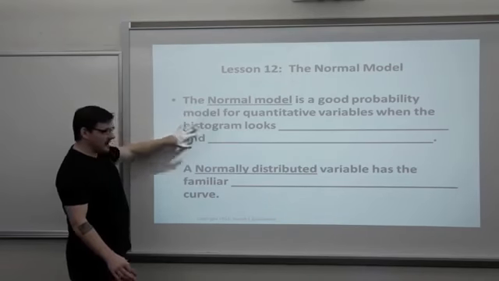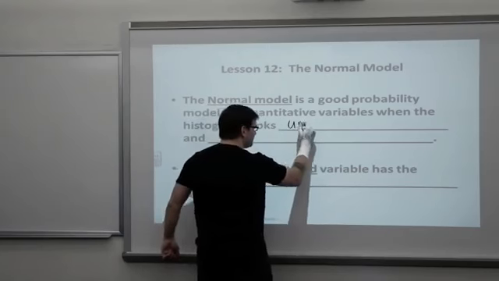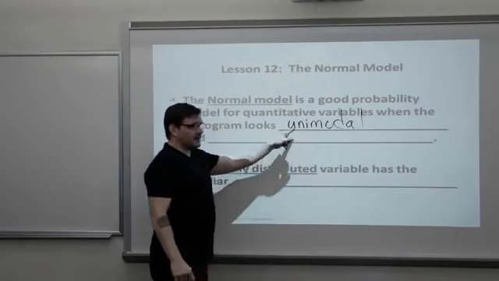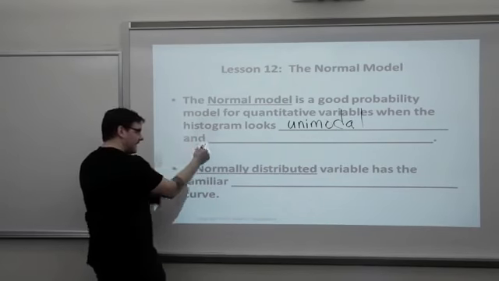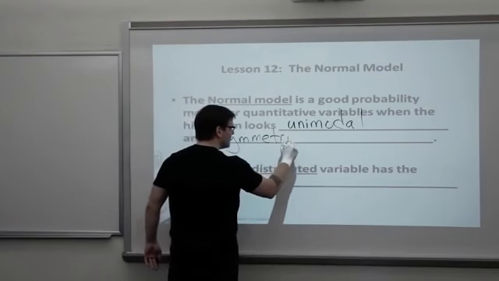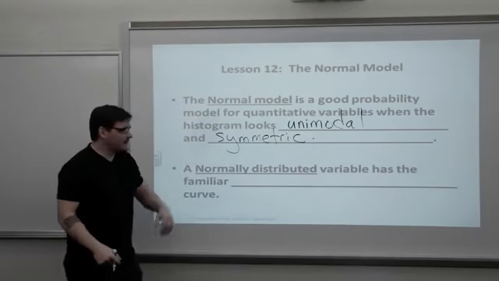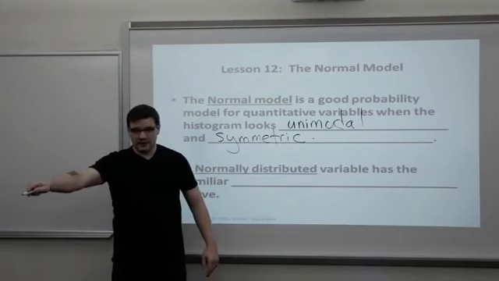The histogram that you make needs to look like two things. One of them is unimodal, so we'll be looking for just one major peak or pileup of the data in the center, and symmetric. So your data needs to look unimodal and symmetric. If you can just think in your head, it will look like this.